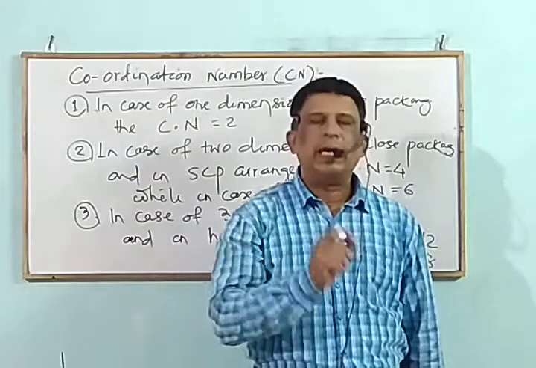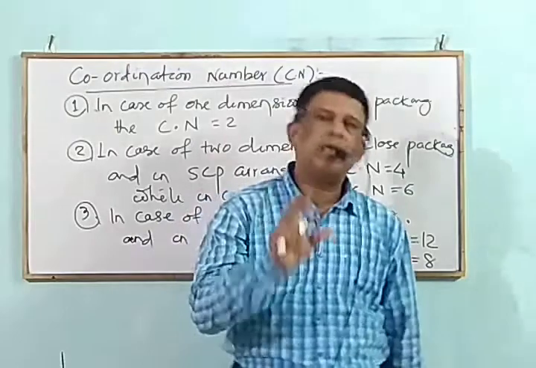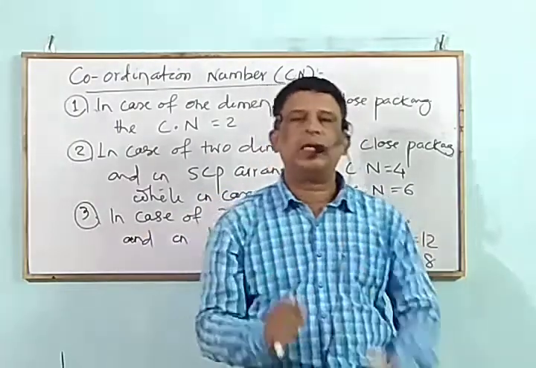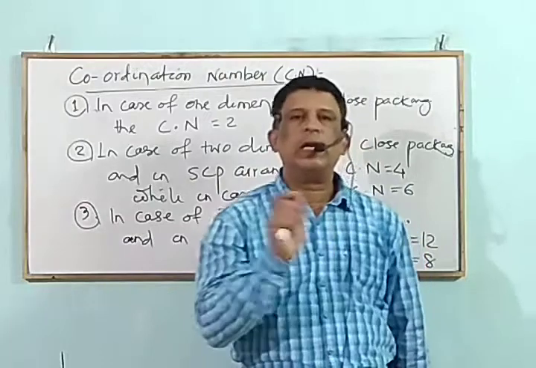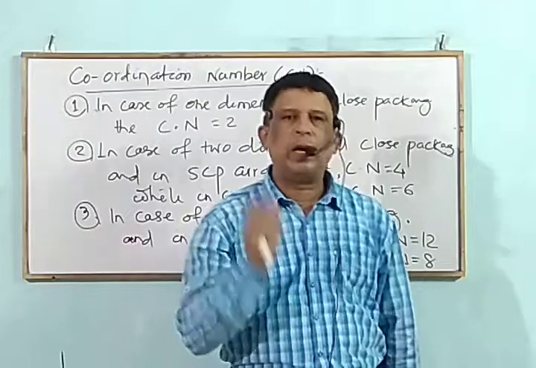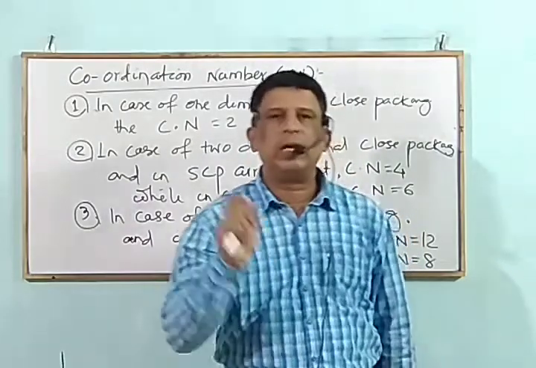That means in case of one-dimensional closed packing, any one sphere comes in contact with two neighbors. That's why the coordination number is 2. And in two-dimensional square closed packing, one sphere is surrounded by 4 spheres, that's why C dot N is 4.